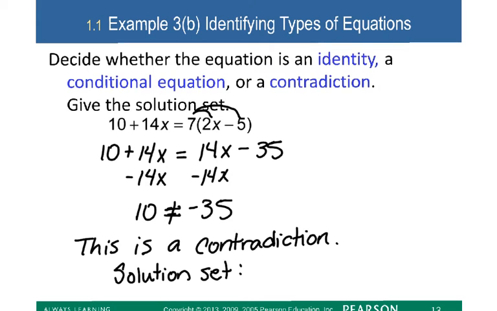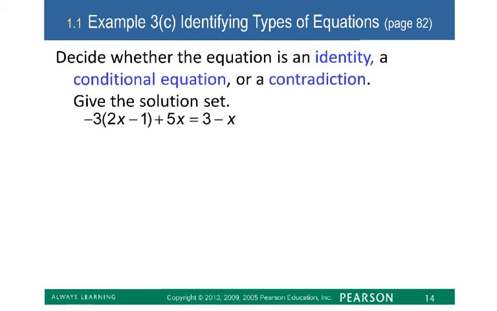You can write an empty set with this symbol here, or you can write it as this, in a set as we did before, but with no number in it at all. This is also known as an empty set because there's nothing in our set here. Okay, next example.